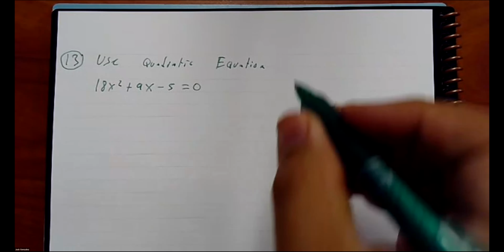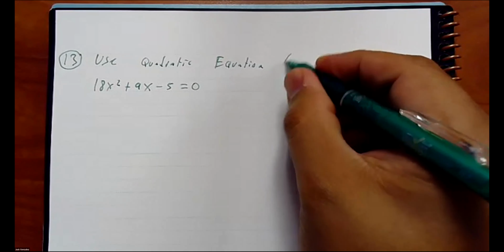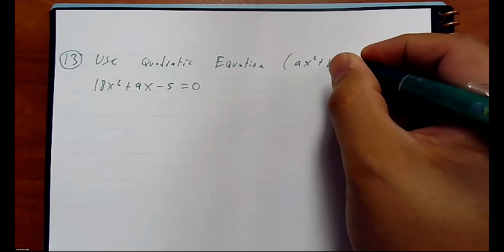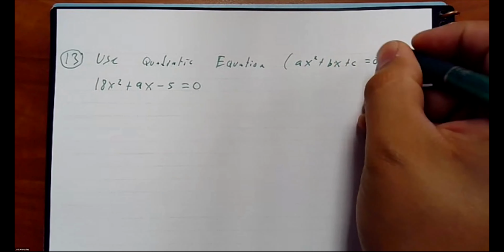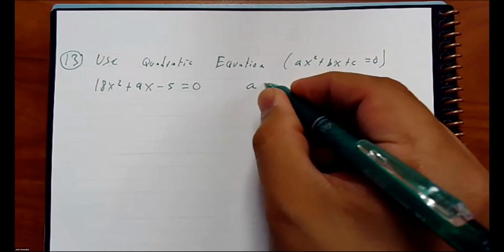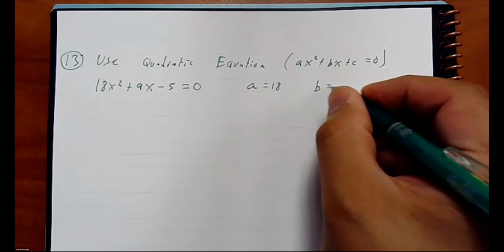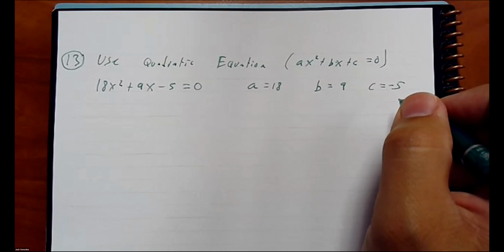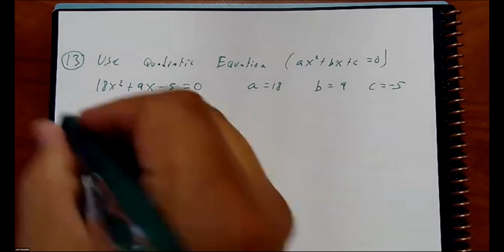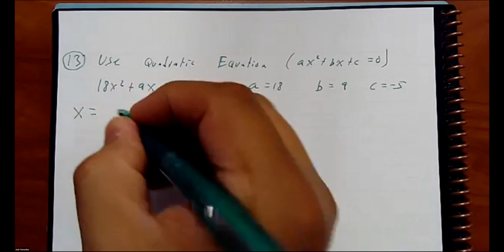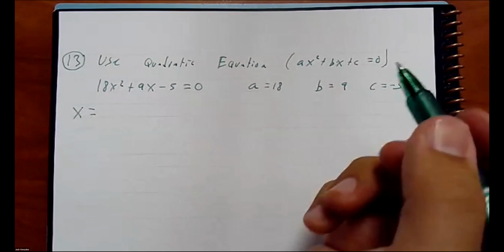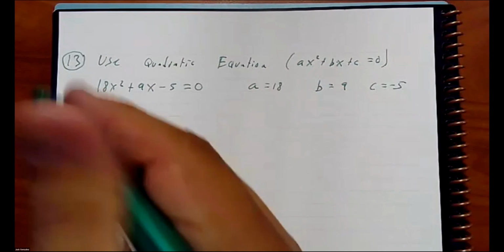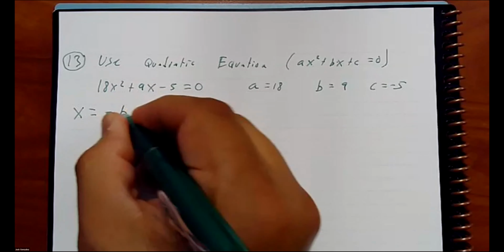All right. So the quadratic equation requires the a, b, c for the formula. A is 18, B is 9, C is -5. Where the quadratic formula comes from is solving the general equation. If you solve it in general terms, you end up creating this.